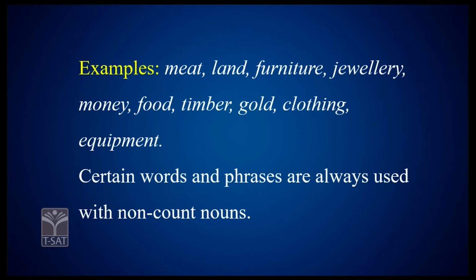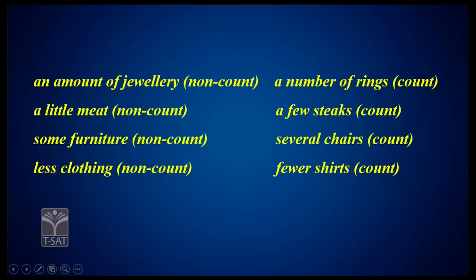Some words and phrases are always used with these uncountable nouns. You can see some examples here for non-count and countable nouns. An amount of jewelry is non-count. A number of rings, countable noun. A little meat, uncountable.